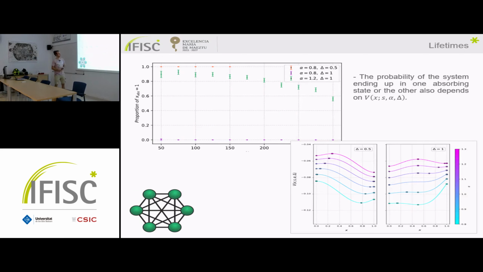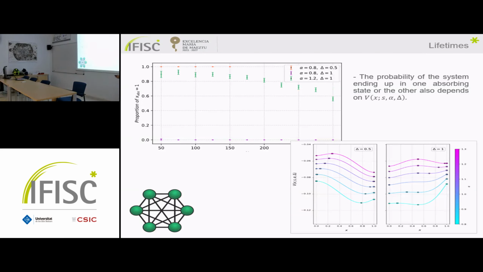Since, for example, in this case, which was the orange one, the state x equals 0 is much further and with a much higher potential value than x equals 1. So it will always end up at x equals 1.